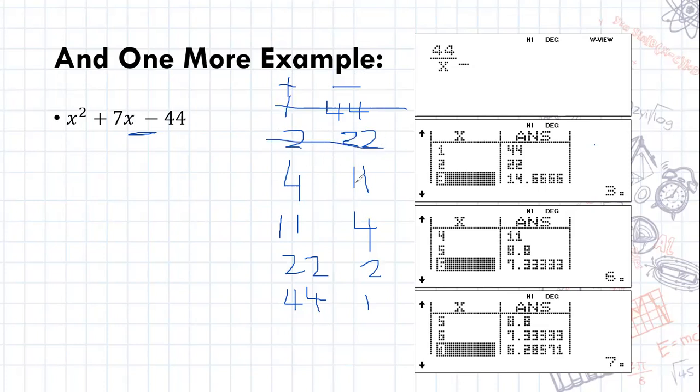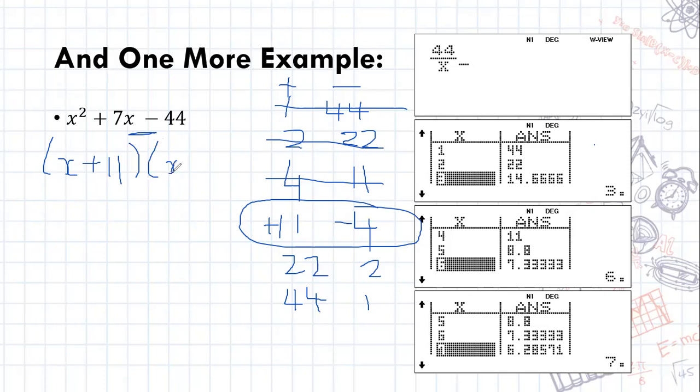Plus 4 minus 11 gives me minus 7, so that's the right combination but the wrong sign, so that doesn't work. Plus 11 minus 4 does give me plus 7, so that is my combination of factors. So now I can write x plus 11 and x minus 4, and I'm done.